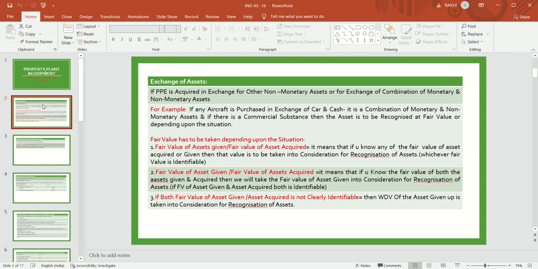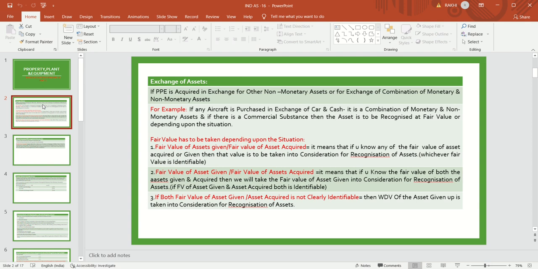And if both the fair value of the asset given and acquired are identifiable, that is, you know the fair value of the asset given and the fair value of the asset acquired, then you will take into consideration the fair value of the asset given for recognition purposes.